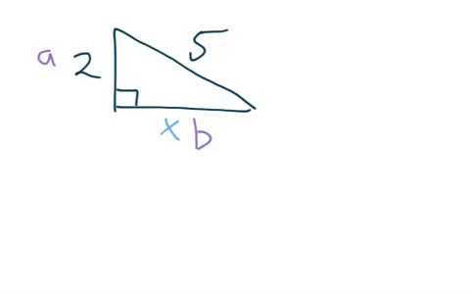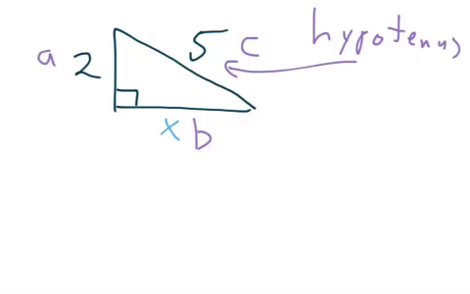What you can never call 2 or x is C. Notice the 5 here. Again, right here is my hypotenuse, right? That is the longest side. That is the hypotenuse.